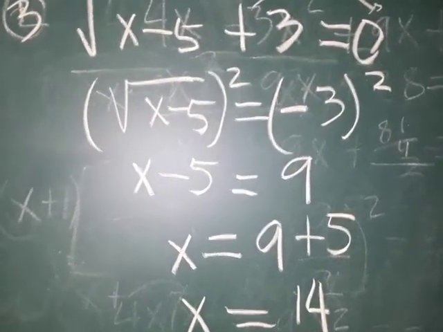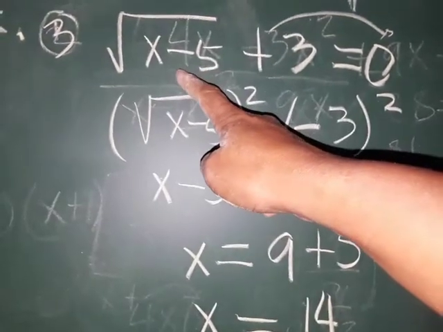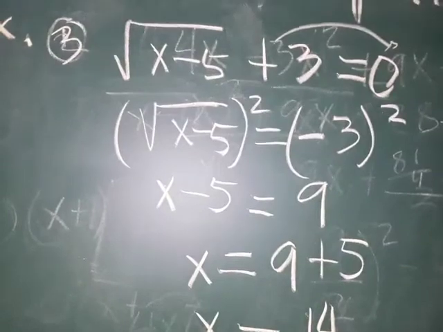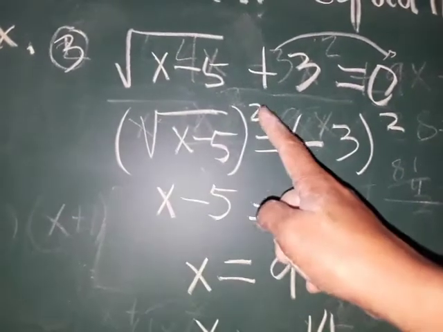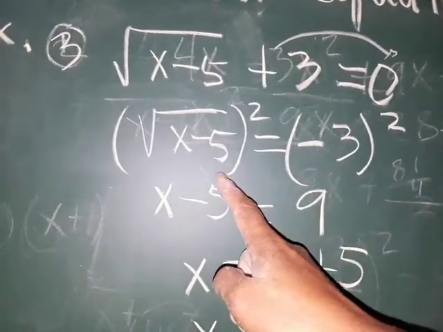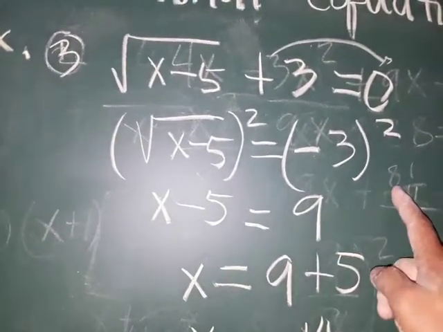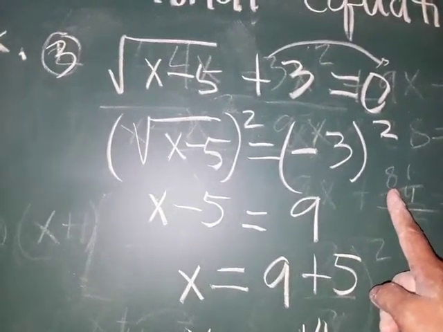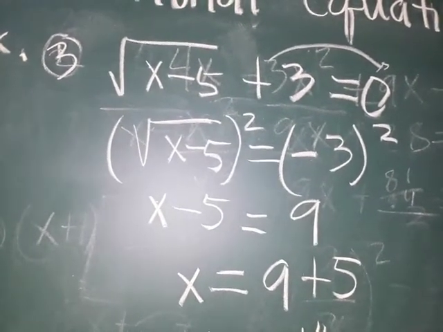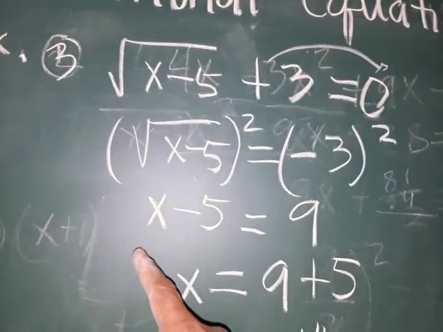Okay, let's review. Isolate first the radicals on the left side or on the right side. Then square to remove the radical sign. So if you square on the left side, you need to square also the numbers on the right side. And then eliminate the radical sign.